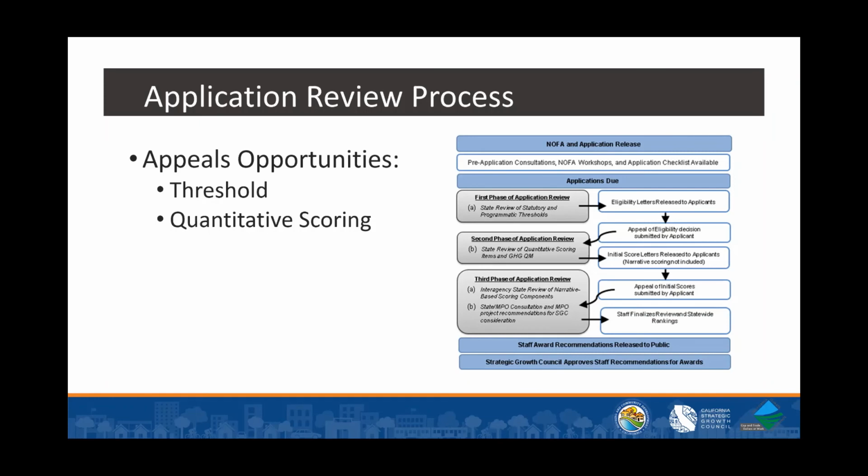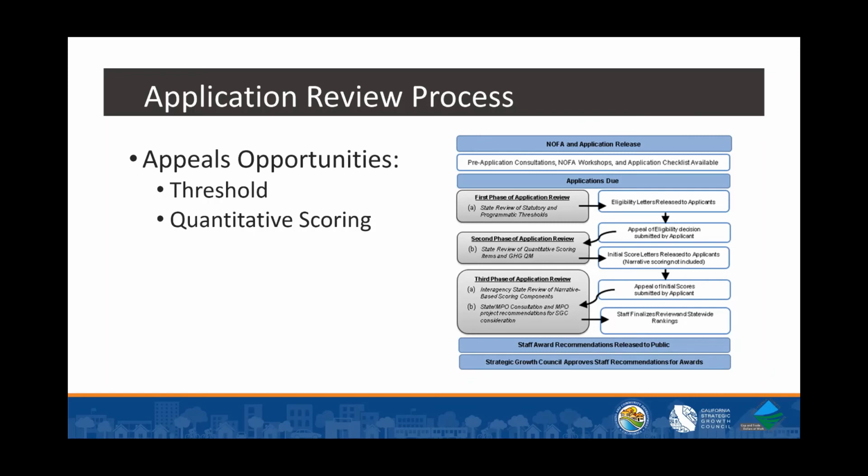That brings us to the first phase of the application review, threshold review. Review during this phase focuses on determining if the application materials submitted and project components pass the eligibility requirements and programmatic and statutory thresholds, but also, of course, that all materials are submitted and accounted for.